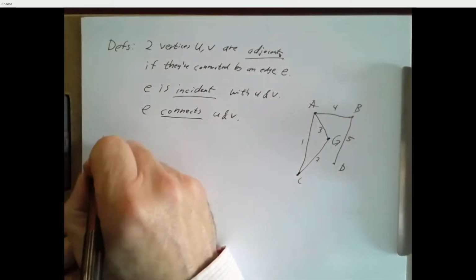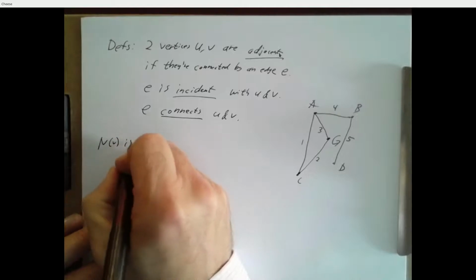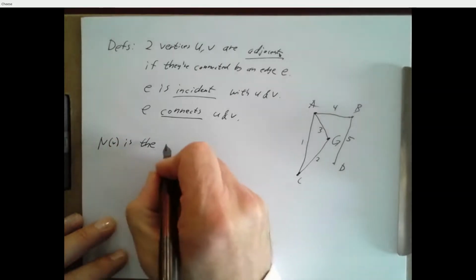Alright, N of V is the neighborhood of a vertex.